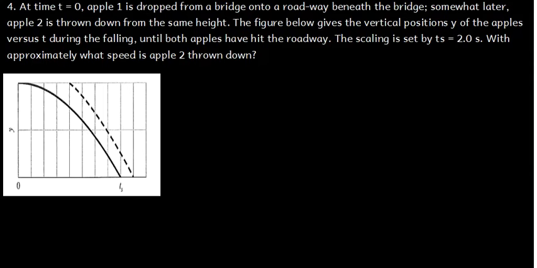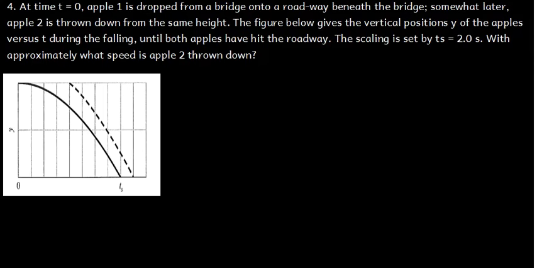The figure below gives the vertical position y of the apples versus t during the falling until both apples have hit the roadway. The scaling is set by t equal to 2 seconds. Okay, with approximately what speed is apple 2 thrown down?